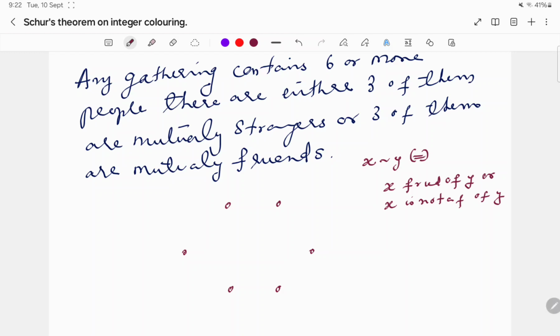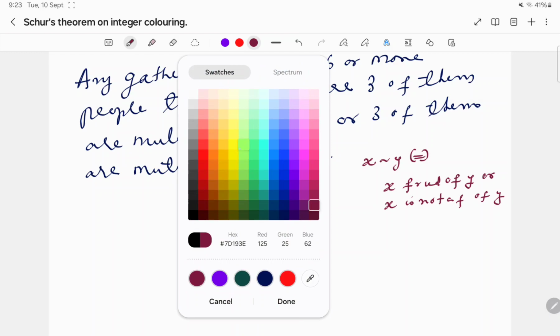So no doubt that this particular graph has all vertices connected.